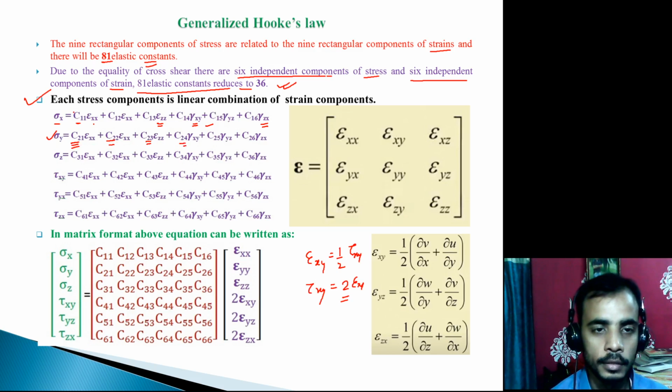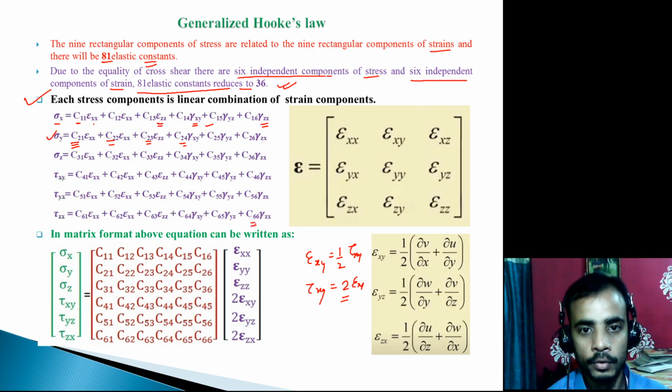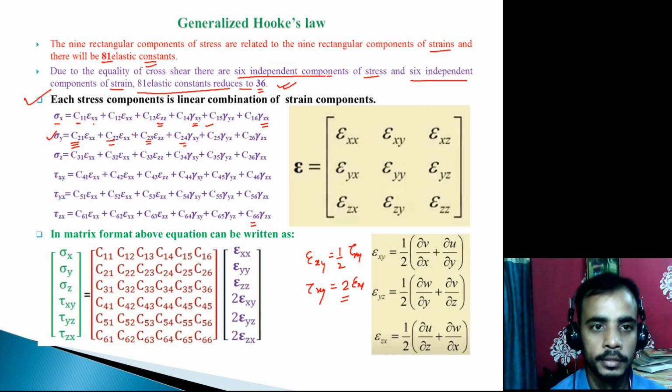So that means C11 up to C16, and so on. Here you have 36 C components.